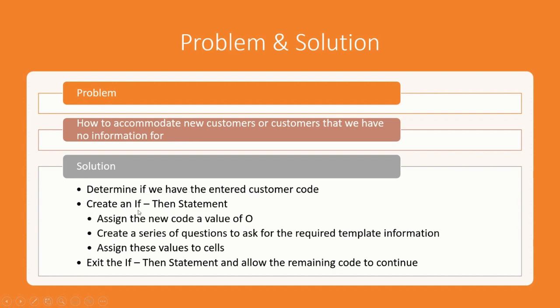If we don't, we're going to have to assign a new value of O to that customer code, create a series of questions to determine the specific required template information for that new customer code or the other customer code, and assign these values to a cell, and then exit the if statement and continue the program as normally and populate the template with VLOOKUPs and autofill it. So that's that, and in the next session we're just going to jump into the code.